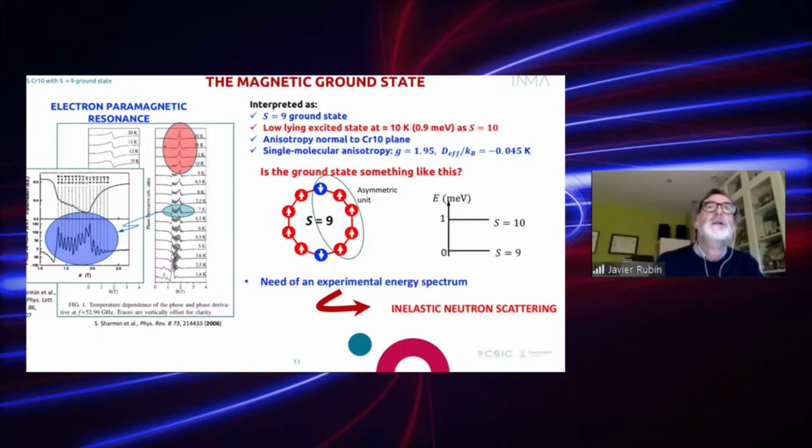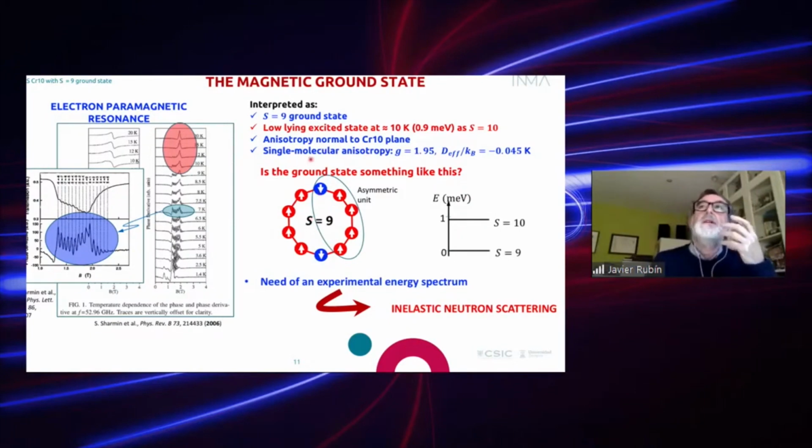And the simulations were well compatible with this spin 9 ground state, and the evolution of the EPR spectrum with temperature was interpreted as having a first excited state with spin 10, so that what we would have is something like this, with two opposite ions or spins in different directions, antiferromagnetically coupled to their neighbors, and they are located in opposite positions because of the inversion symmetry.